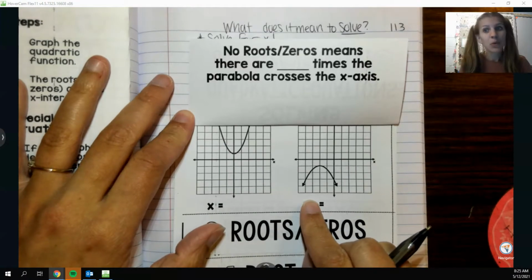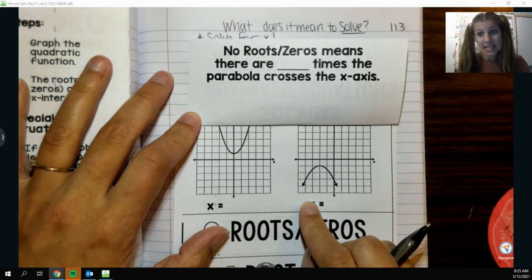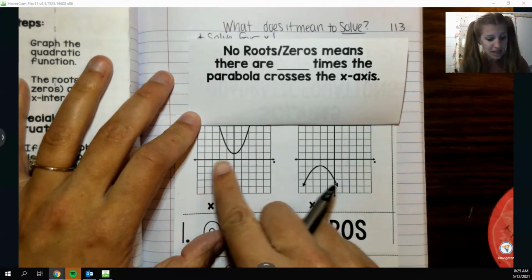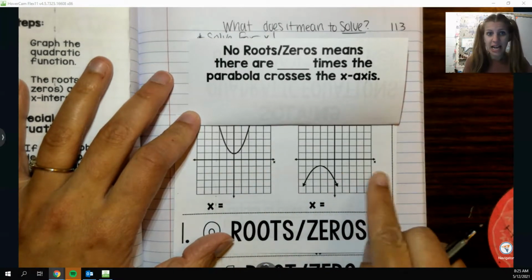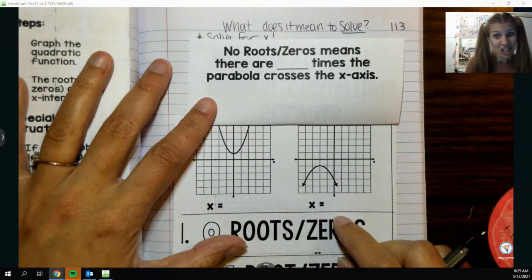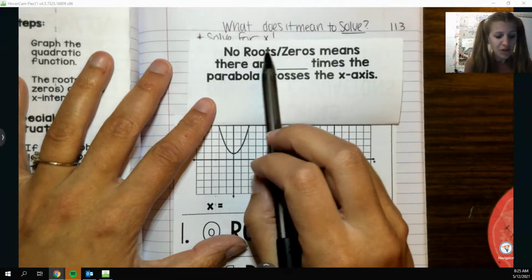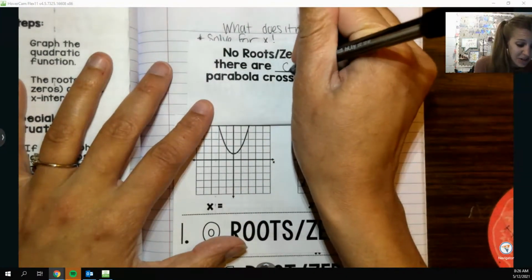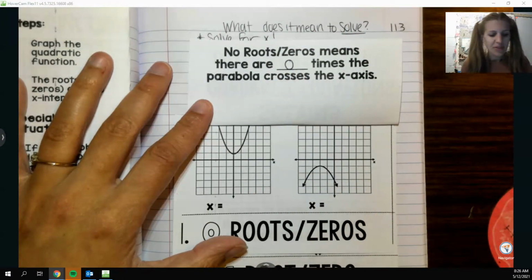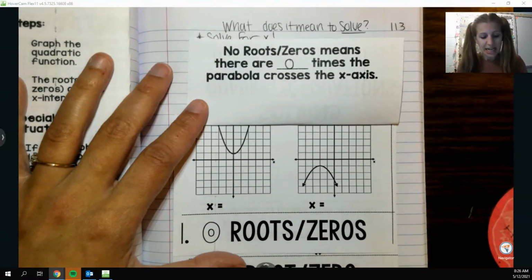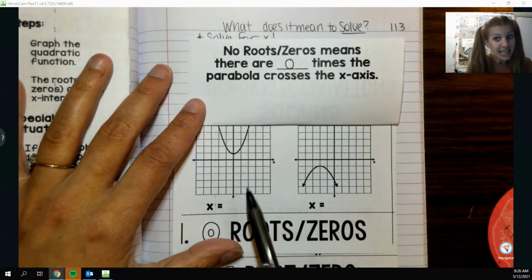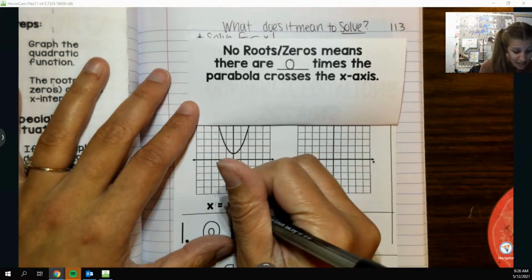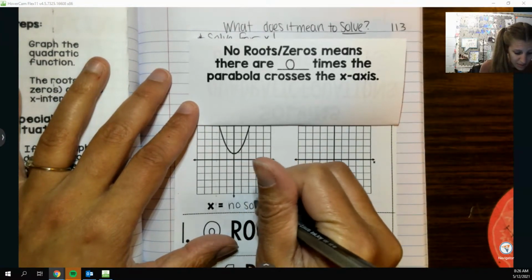And if I'm looking for where it crosses the x-axis, because I'm trying to solve for x, like where is it touching the x-axis, it ain't touching at all. So if we have no roots or zeros, then that means there are 0 times that the parabola crosses the x-axis. So in this case, I would say that there is no solution.